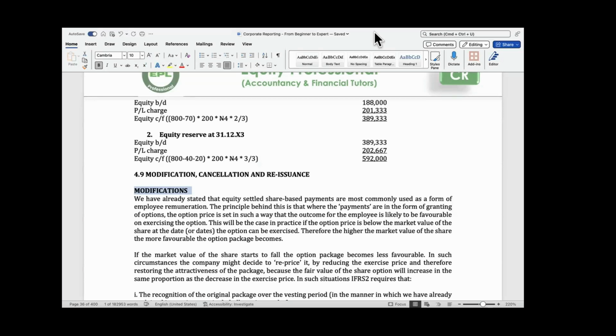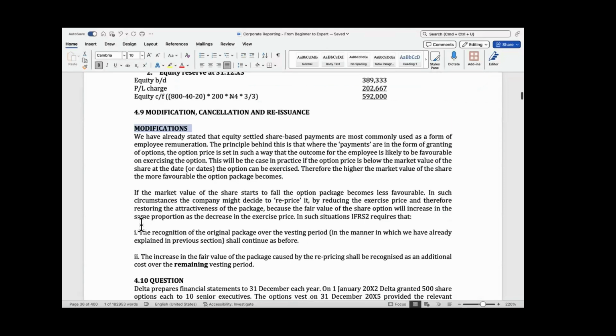The exercise price, we don't need it until when we want to buy or sell the shares to the employees. What we use is the fair value of the share option at the grant date. So if that one is going up, that means our valuation at the end of each year will also change. To make it simple, the standard requires that you continue to recognize the original package, as you have been doing it, using the fair value of the share option at the grant date, the old one.